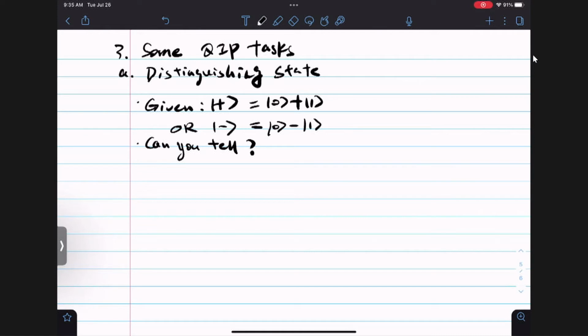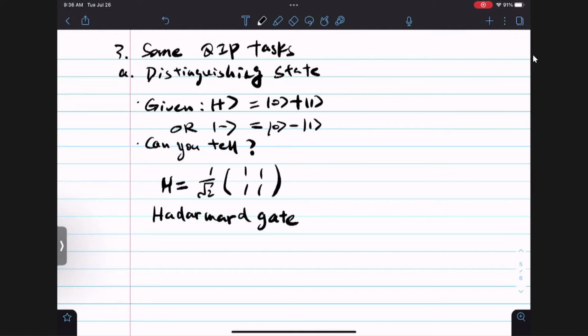Well, there's a linear operator we can apply that can help us distinguish these two states. And the whole goal for this exercise is to introduce that special operator. I denote it as H. This is going to be the Hadamard gate. In matrix form, it's pretty simple, and this is the circuit symbol for it.